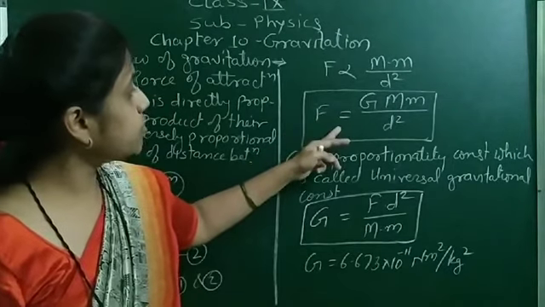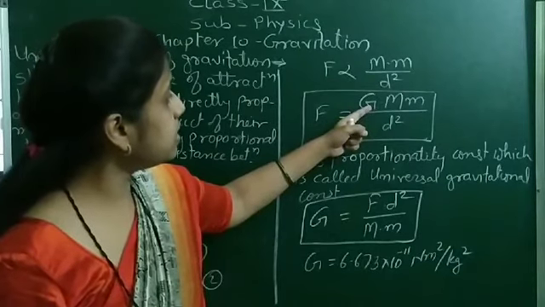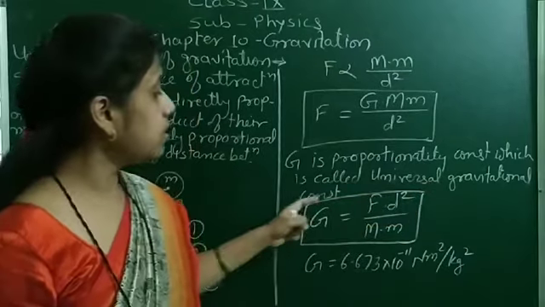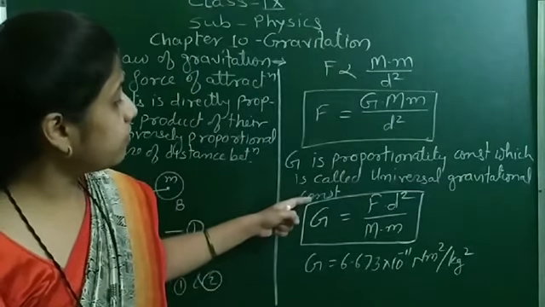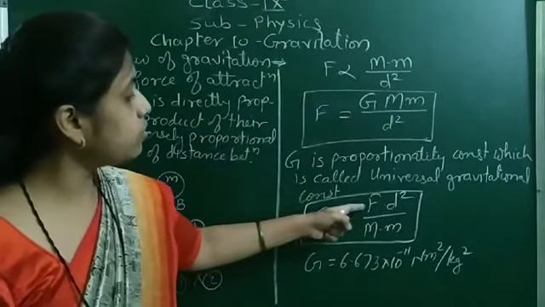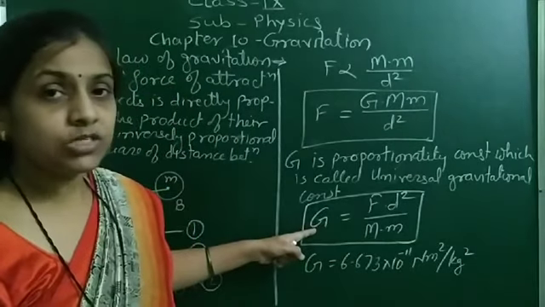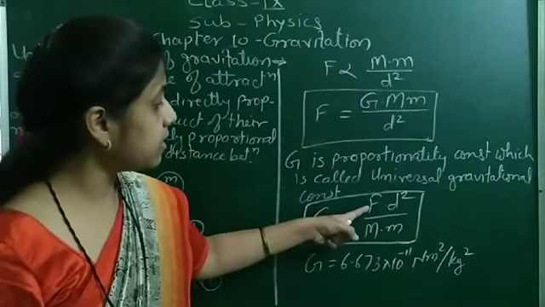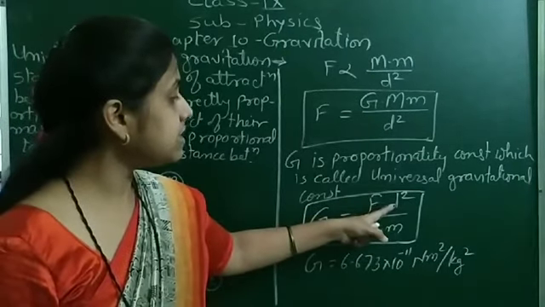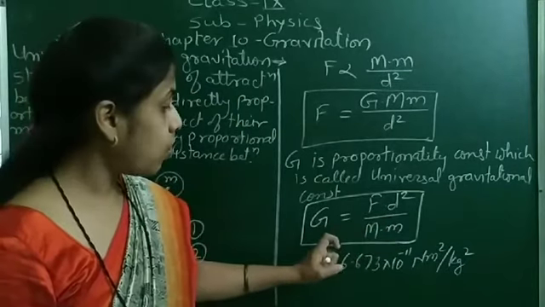If we remove the proportionality sign, then we have to take a proportionality constant, and that proportionality constant is capital G, which is called the universal gravitational constant. The value of the universal gravitational constant can also be found out from this formula. Therefore G is equal to F into d square upon M into m, where G is the universal gravitational constant, F is the gravitational force, or the force of attraction between two objects, d is the distance between two objects, and M and small m are the masses of the objects.